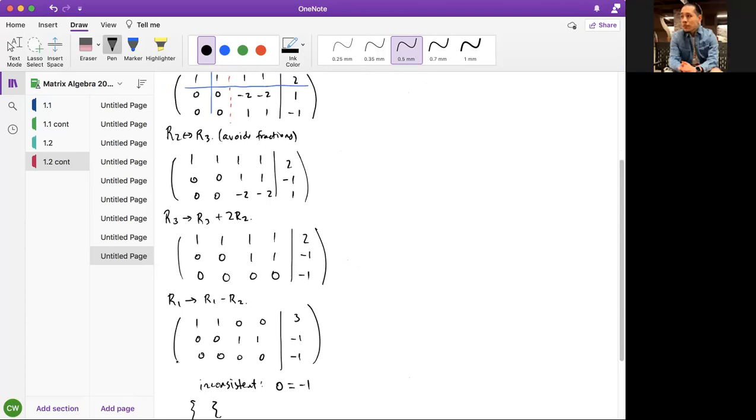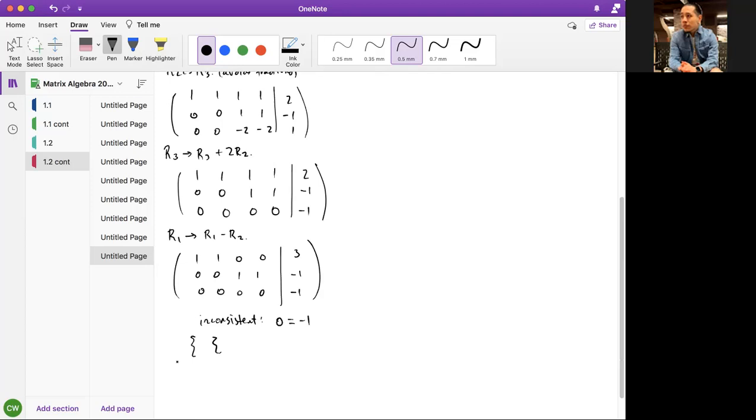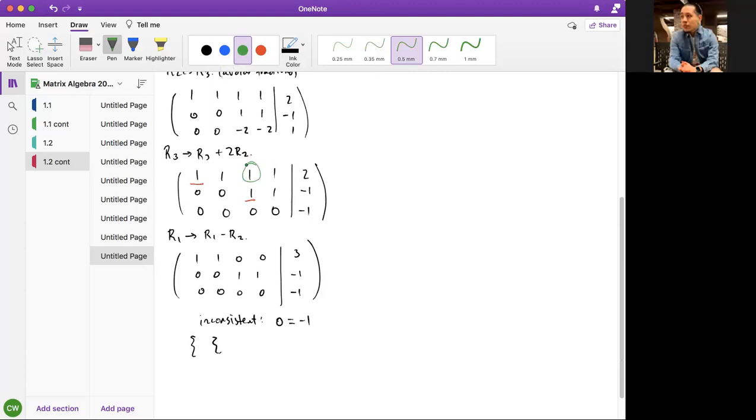Yeah, why do we do that extra step of row 1 minus row 2? It's just to put it into reduced echelon form. We have these leading ones, but this was not a 1. Oh, so that needed to be 0. I just made this up, but I'm gonna do another one, and hopefully we'll have a solution.